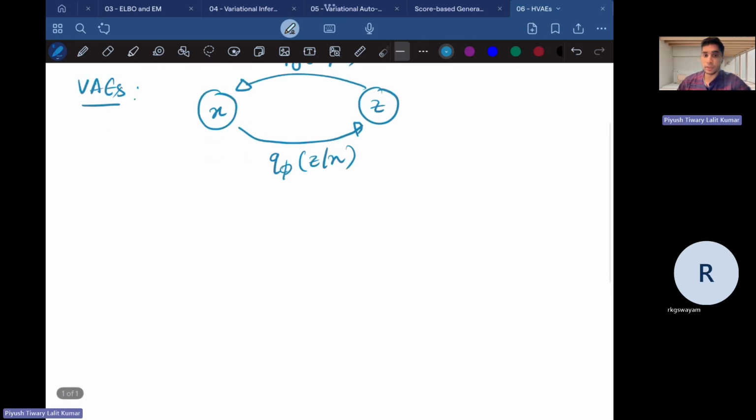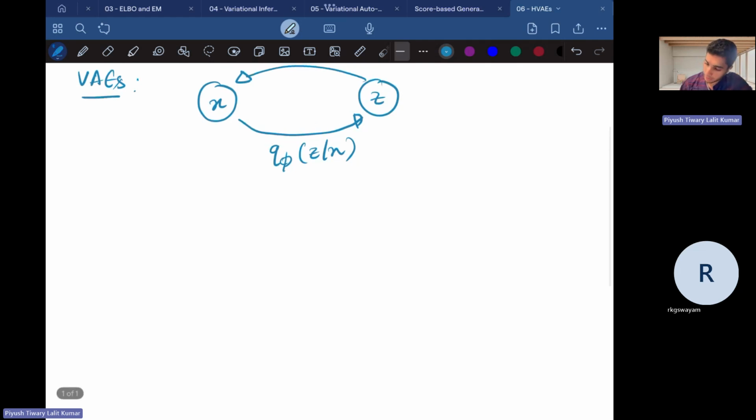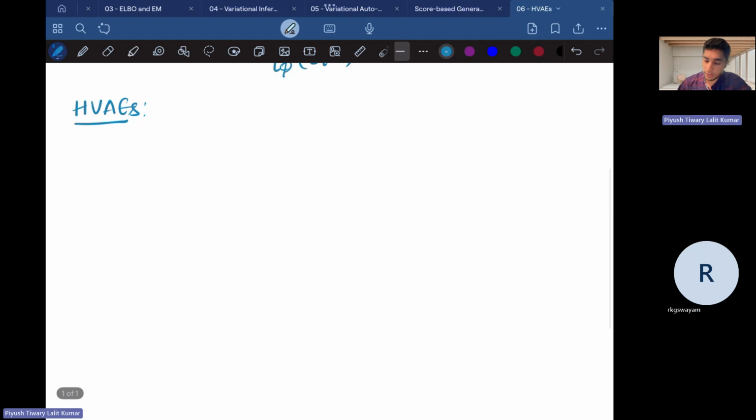So what you can do is generalize this. Instead of having a single latent variable, you can have multiple latent variables which depend on each other. Let me show it to you. This is what we will call HVAEs, hierarchical VAEs.